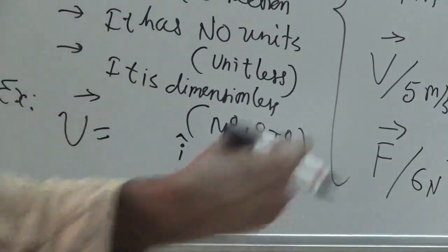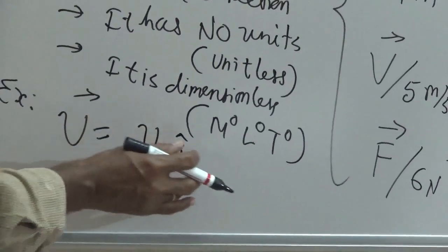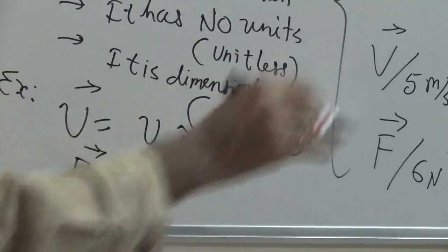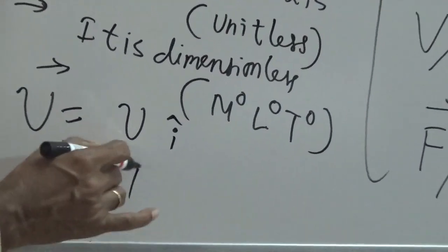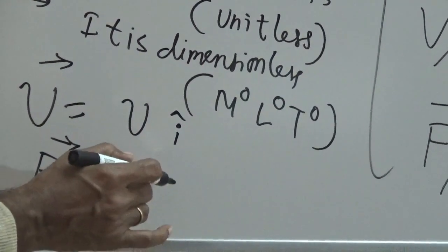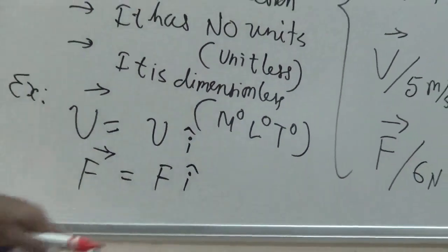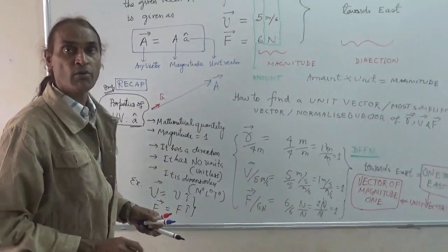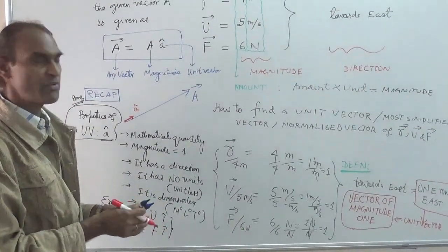That we will be discussing in the next video. Velocity vector is its magnitude V times I cap. If this is a force vector pointing along the east direction or positive x direction, it can be given as the product of its magnitude and its unit vector along positive x direction or direction of east. All these things will be discussed in my next video, known as unit vectors in different coordinate systems.